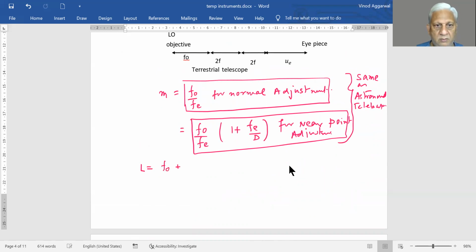FO plus 2F plus 2F plus UE. This is equal to FO plus 4F plus UE.